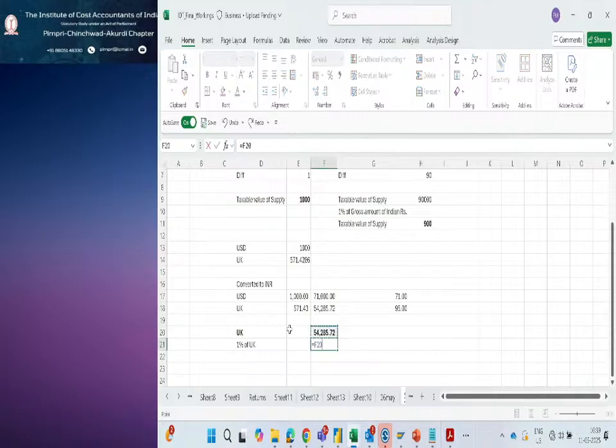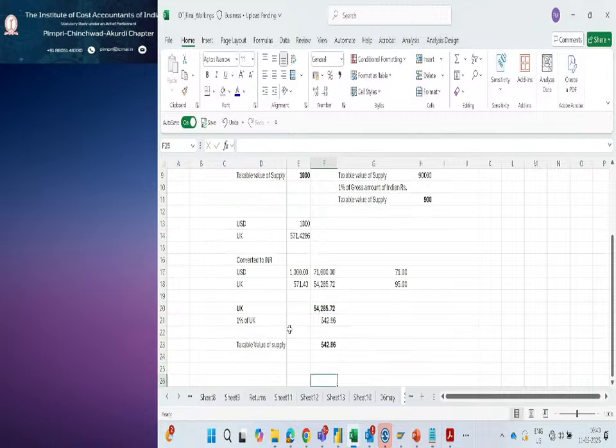Here 1% is 542. Now this is your taxable value of supply, and on this you need to calculate GST. The taxable value of supply in case 3 is 542.